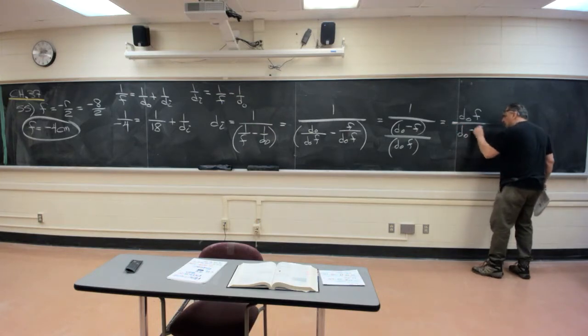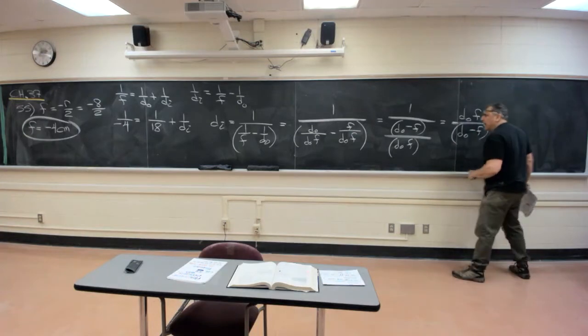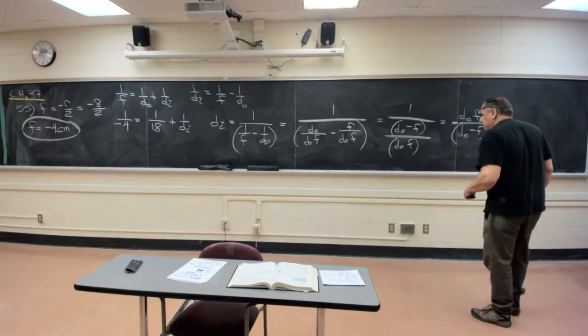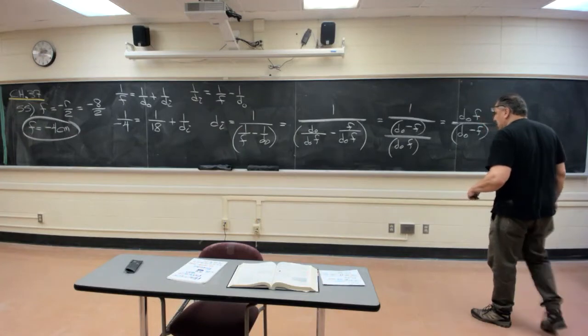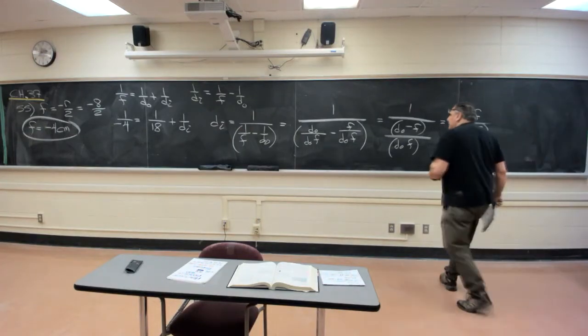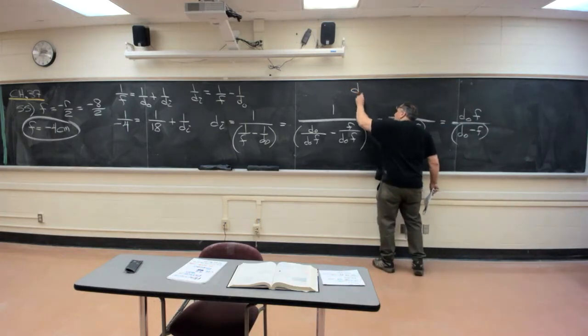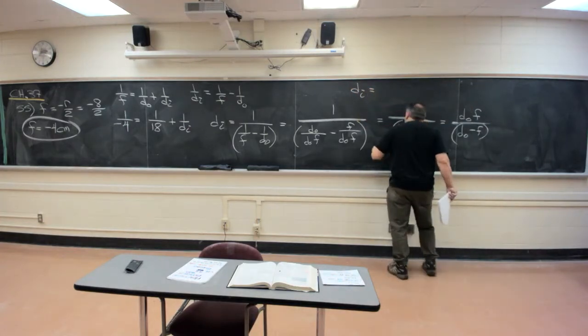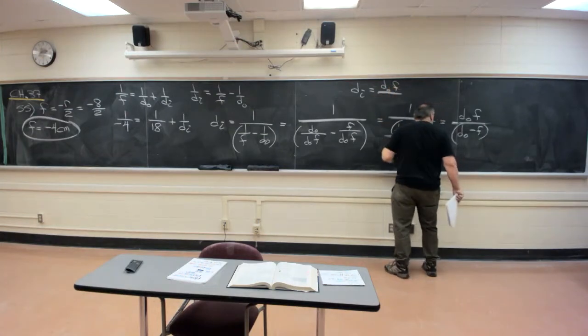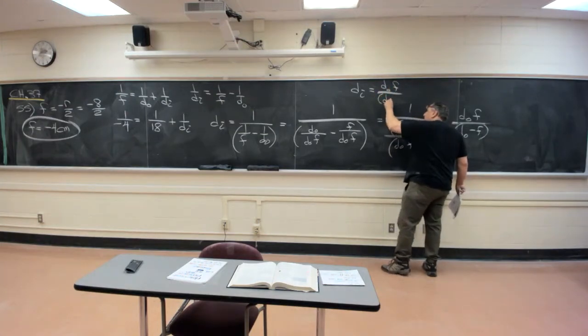Quite the dance, but here it is. At the end of the day, di is going to be do times f over the quantity do minus f.